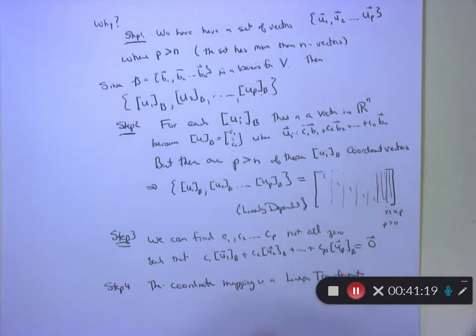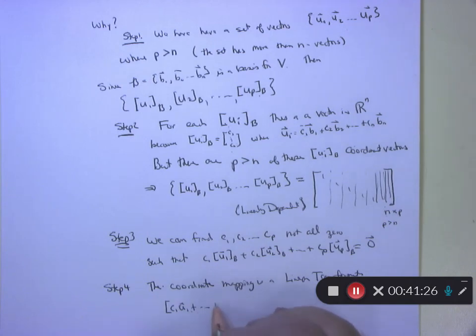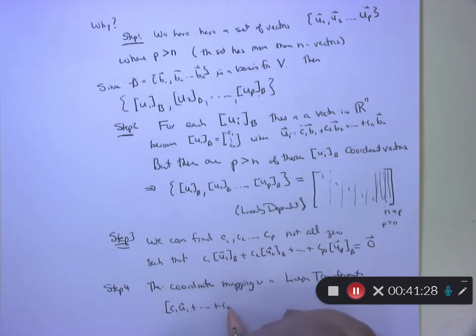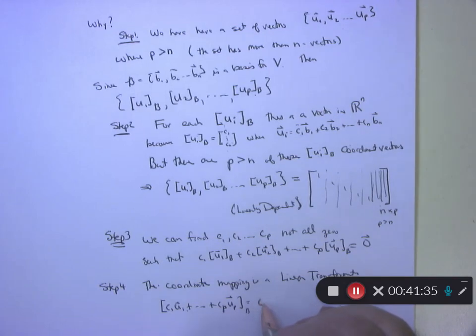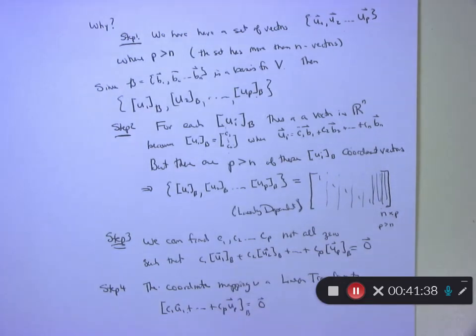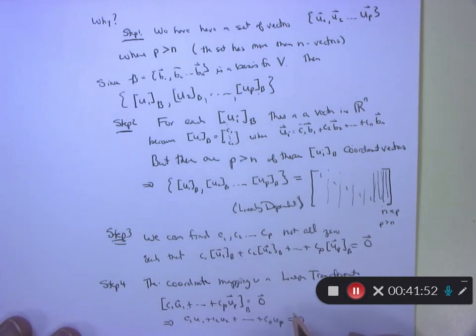A linear transformation: C1 times vector U1 plus dot dot dot plus CP times vector UP, relative to basis B, is equal to 0, which really implies that C1U1 plus C2U2 plus dot dot dot plus CPUP is equal to 0.